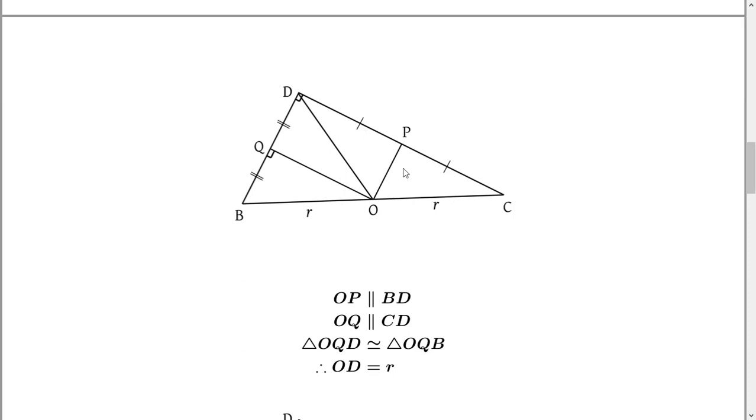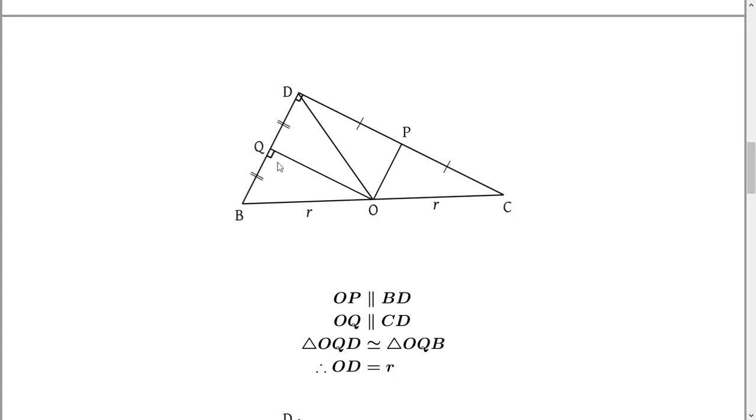And since these two are equal, these two also must be equal. Similarly, you can show that DQ is equal to BQ because OQ is parallel to DC and therefore OB by OC must be equal to QB by QD and therefore these two must be equal.